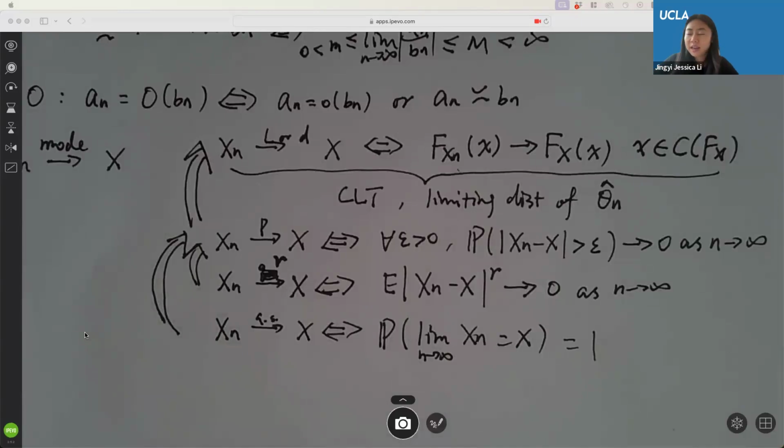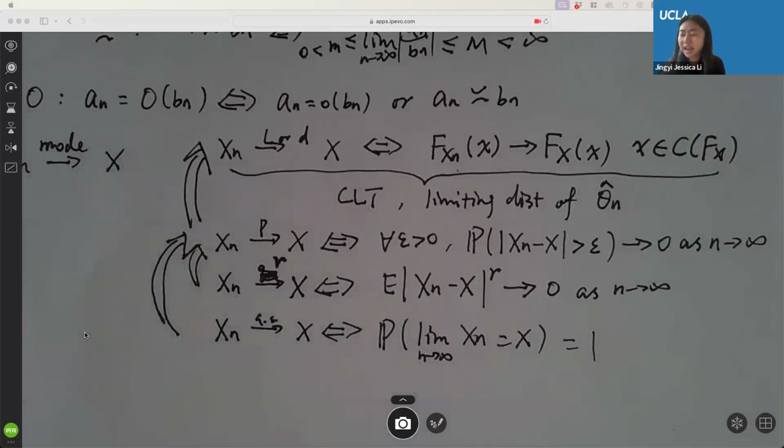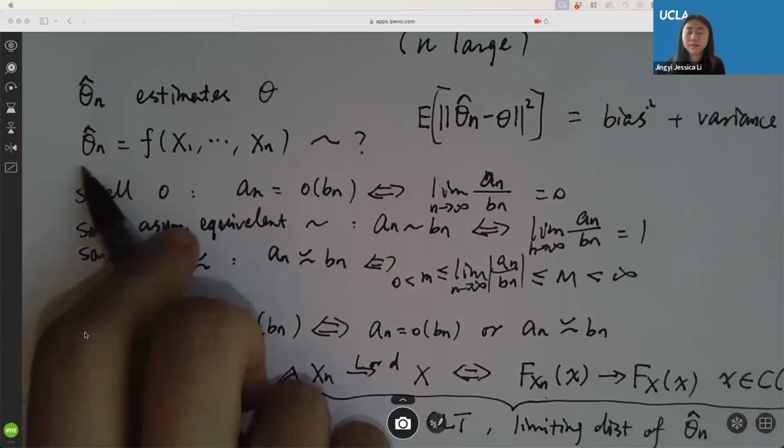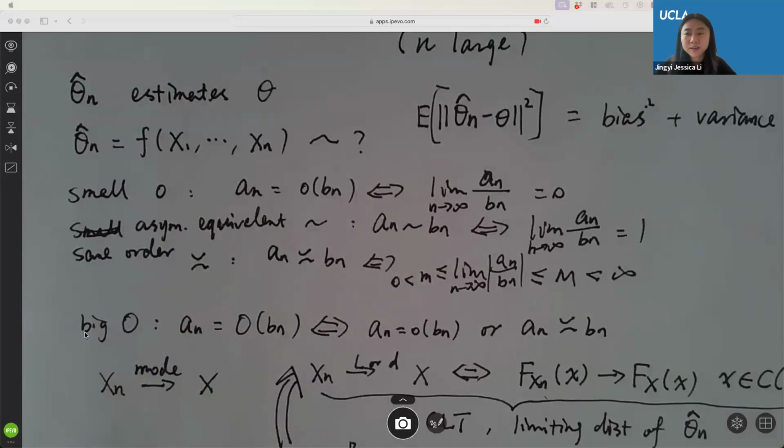And okay, so last time we also talked about the Slutsky theorem and the continuous mapping theorem, which are two ways to let us combine some convergence results into a result for our statistic. Because our statistic, like theta hat n, may be composed of different parts, right? It may be some addition, multiplication, or ratio of some other random variables.